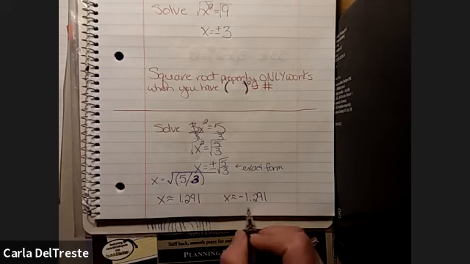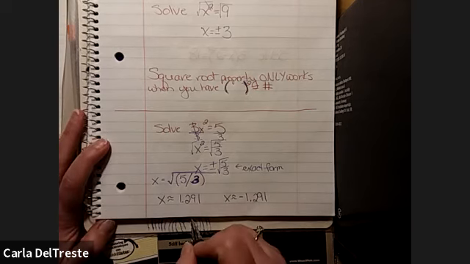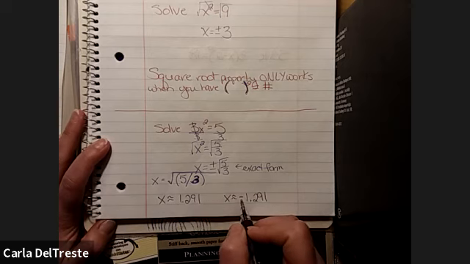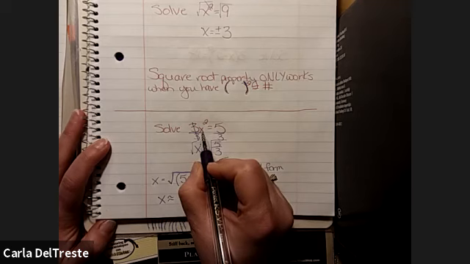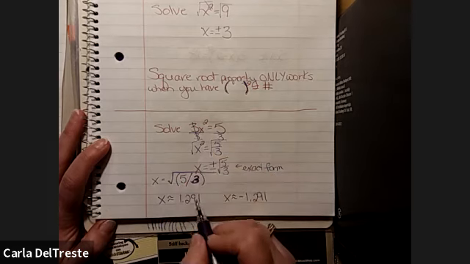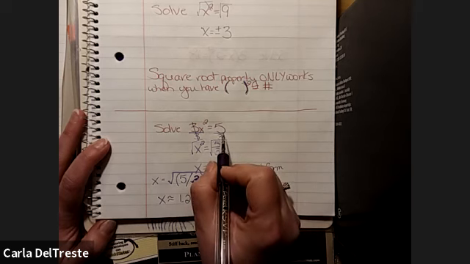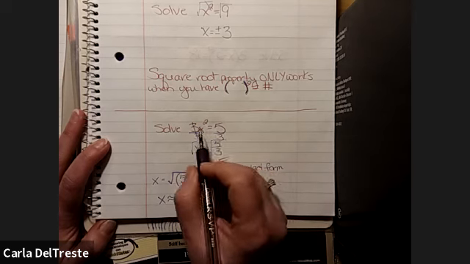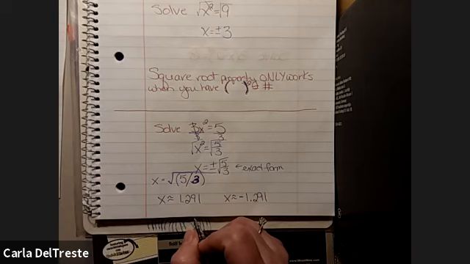So these would be my 2 possible answers. Now, the nice thing about this is that I can check these answers by plugging it back in for x. Because these are rounded, I might not get exactly 5 when I go to see if this balances out, but you'll get very close to 5. So it should be enough proof that you do have the right answers.